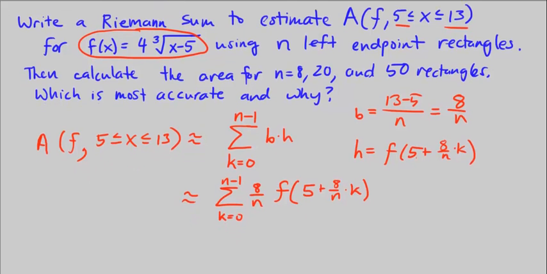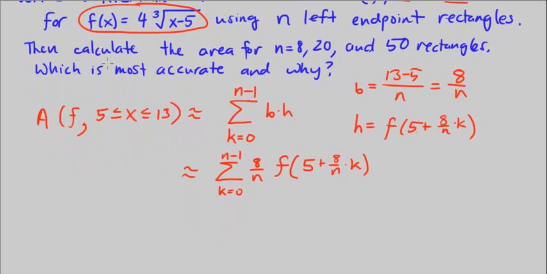Because we're given f of x, we can write this function out in terms of the actual expression. So k equals 0 to n minus 1, 8 over n, times f of 5 plus 8 over n k. We're just going to plug that input in, so everywhere we see x, it's replaced with this.